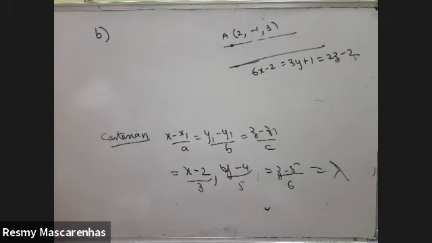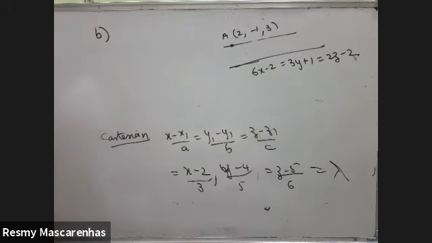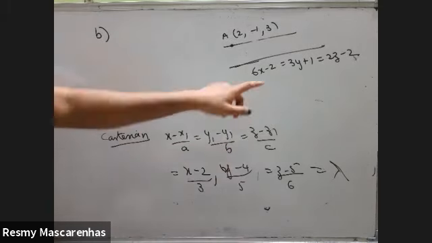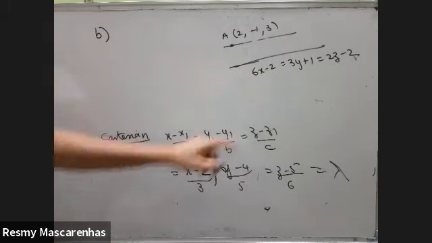Now I have to tell you, whatever is at the denominator will be your direction ratios. But now what is happening? There is no denominator, and this is not in the correct form of Cartesian.